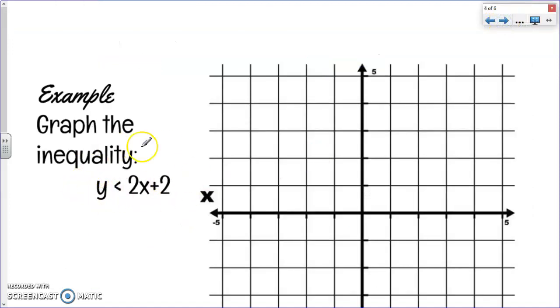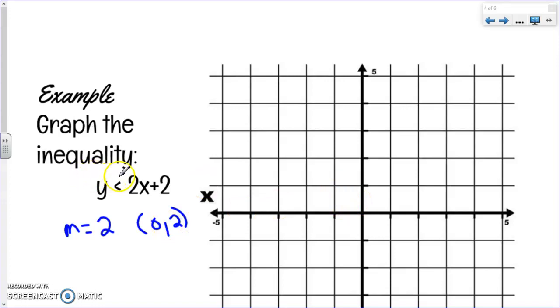Here, this is already solved for y. If not, you would solve for y just like we do in the equations. Our slope here is 2. Since this is a positive slope, I know immediately my line is going to slant to the right. My y-intercept is 0, 2.